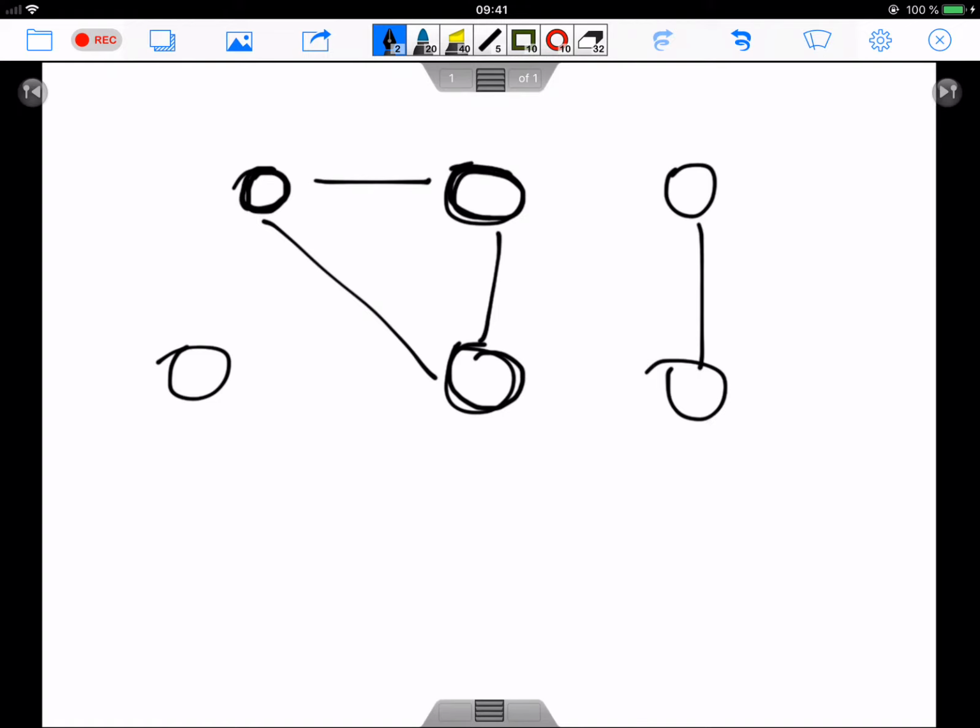Okay, if we are here in this vertex, this was, I think, vertex 1, vertex 2, vertex 5, vertex 4, 6, and 3. Okay? So from 1, I can reach vertex 2, and I can reach vertex 5. From 3, I can reach vertex 6, and from 4, I cannot reach anything other than 4 itself.